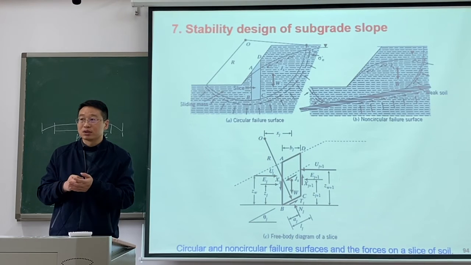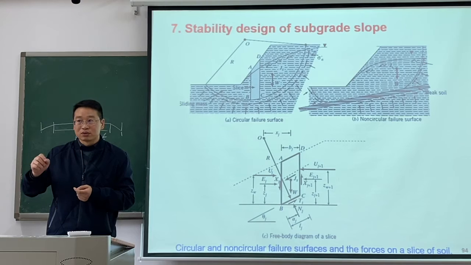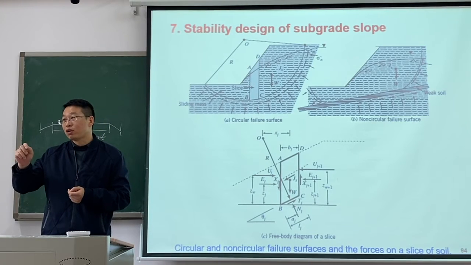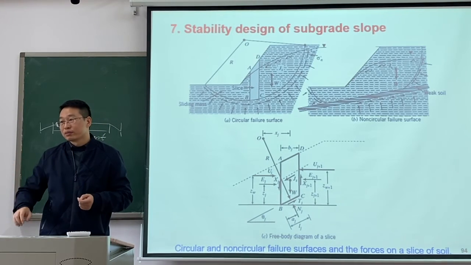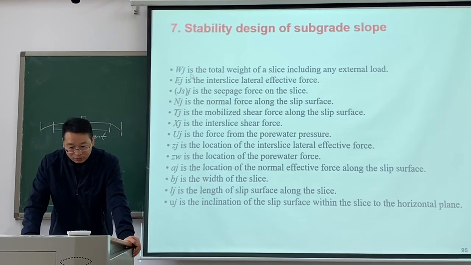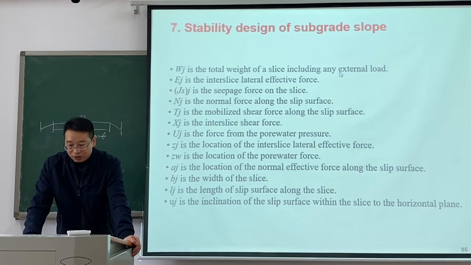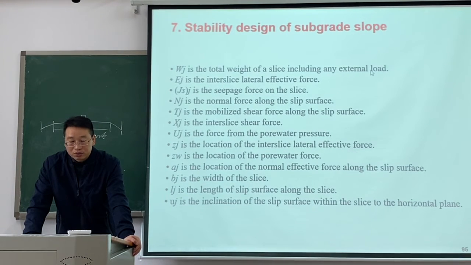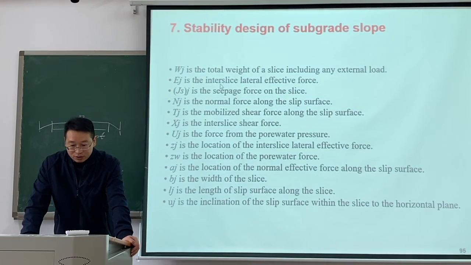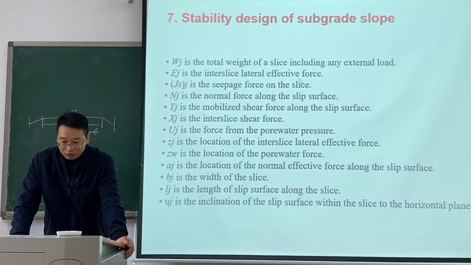So we should simplify some of these parameters. We can know that Wj is the total weight of a slice including any external load. Ej is the inter-slice normal effective force.